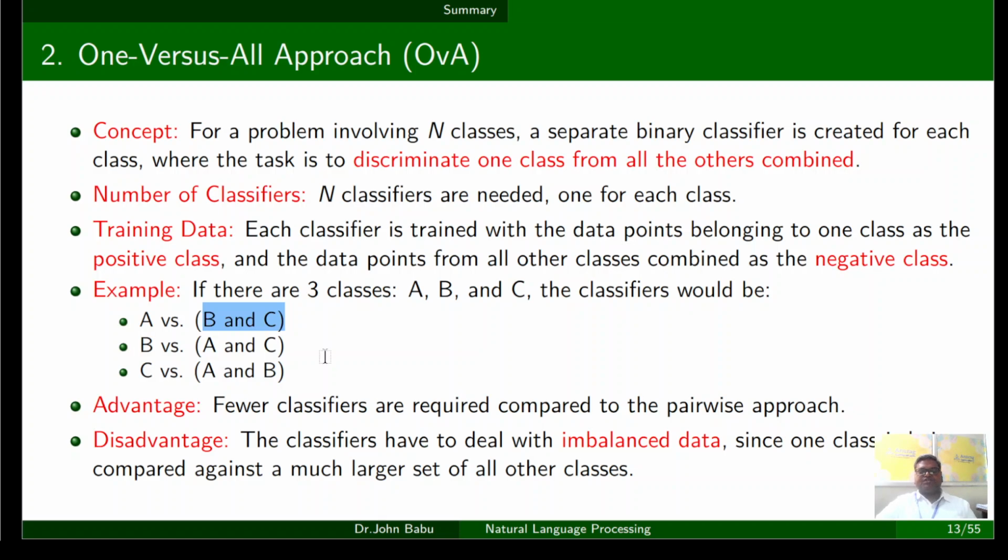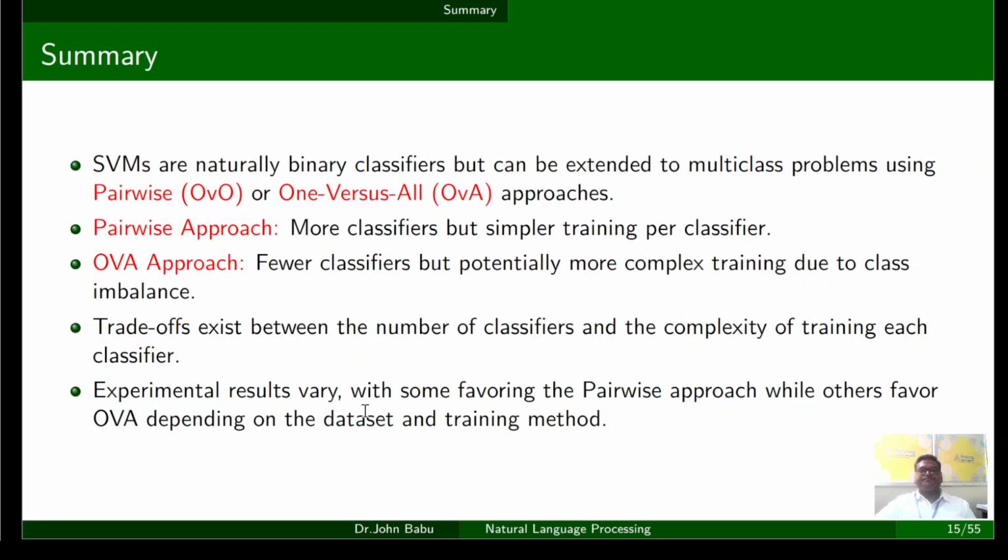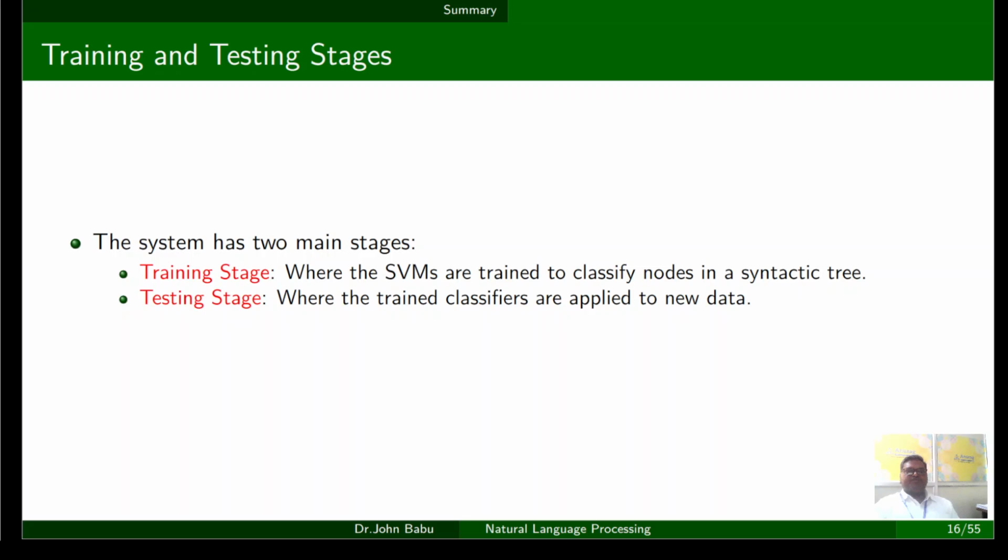But the problem is the classifiers will have to deal with imbalance in the data, because one class is being compared against the largest set of all other classes. Among these two approaches, the one versus all approach was used by Pradhan because it was performing better. So in NLP, for semantic role labeling, we'll be using the one versus all approach.